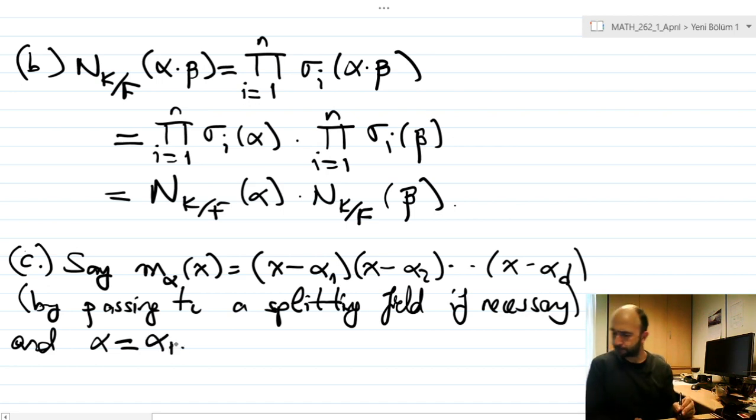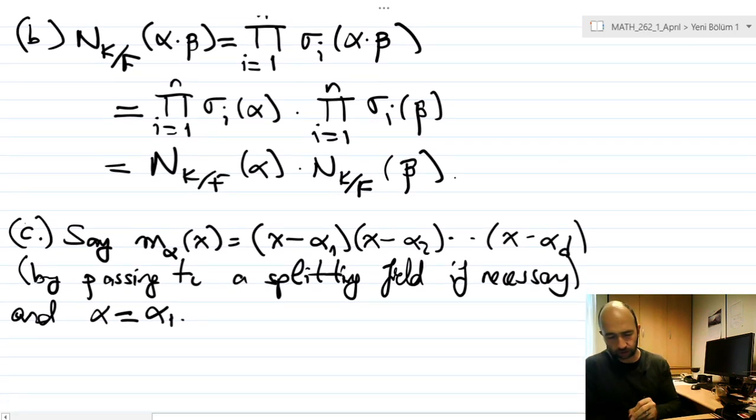Now the whole point, I'll just be sketchy here. We proved much before that you have an embedding of k taking alpha to any one of these roots of the minimal polynomial, and you have an equal number of embeddings for each of these roots.